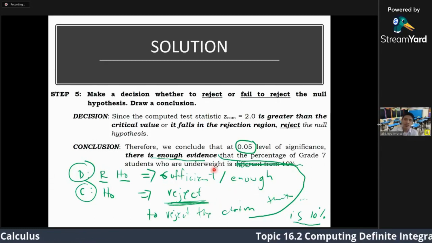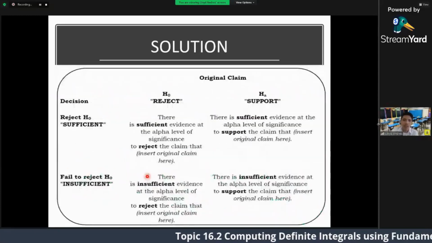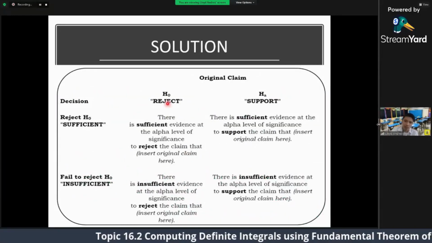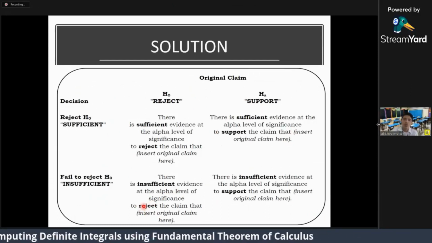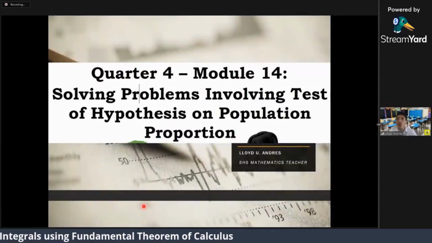So that's how to solve problems. Use this format in concluding.